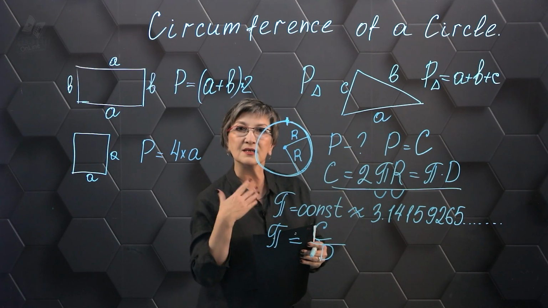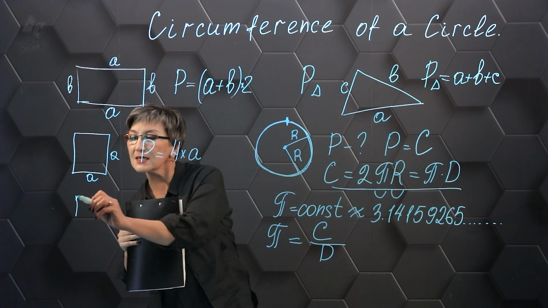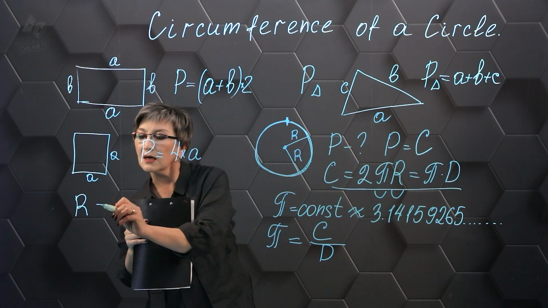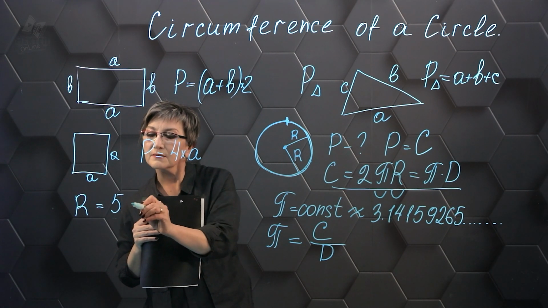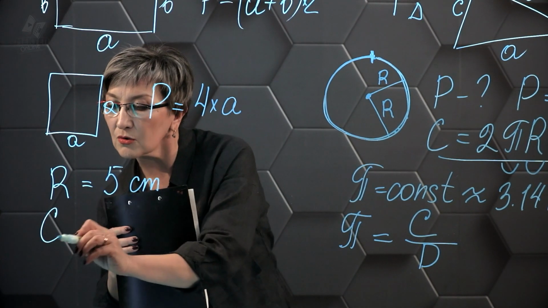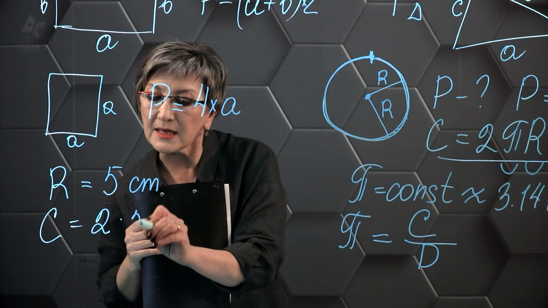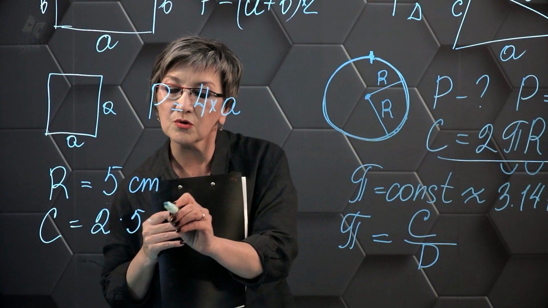As a result, when we calculate the length of a circle, for example, if the radius of the circle is 5 centimeters, then in order to find the length of the circle, I have to multiply 2 by 5, the radius, and multiply by pi.